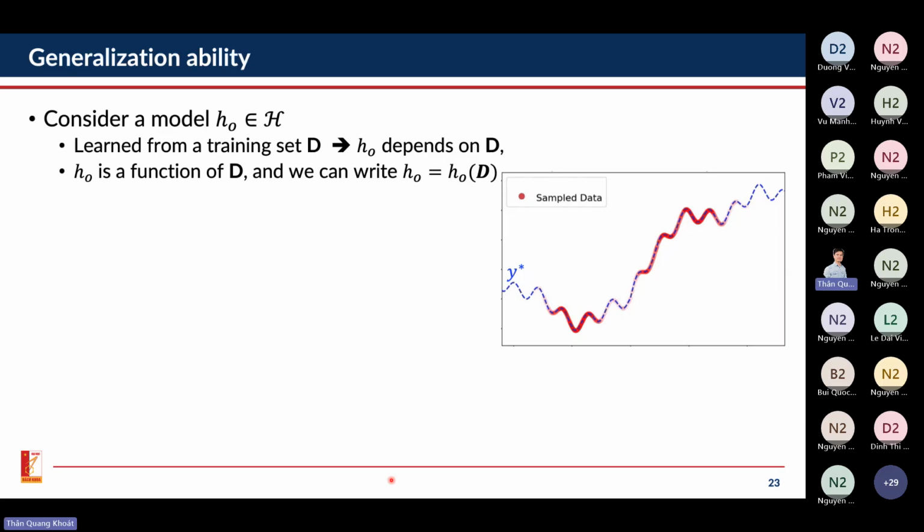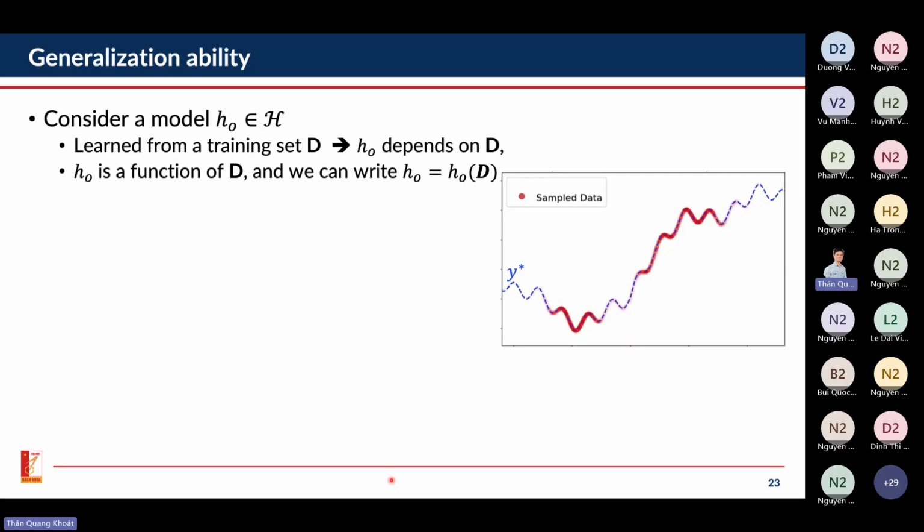Okay, so let's focus on the generalization ability of a model. It is of very practical relevance, right? In practice, we train models, and we hope that the trained models can work well with future data, right? Unseen data. Essentially, that model should generalize well.